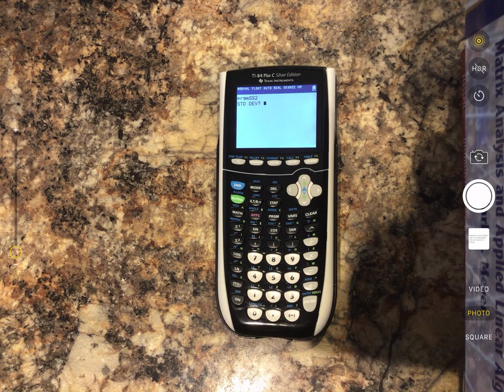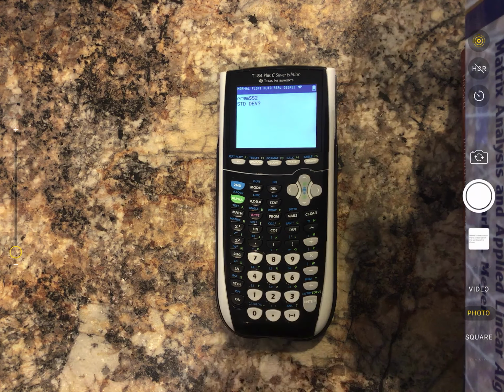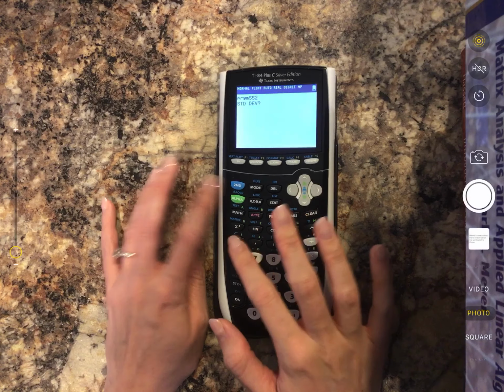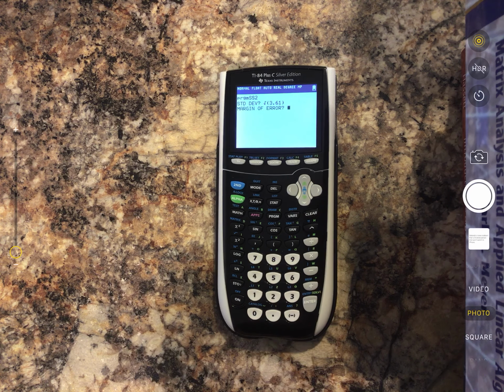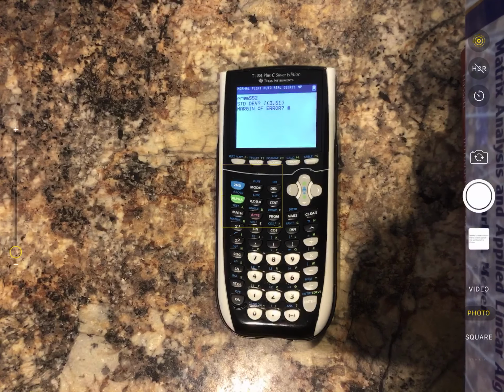Then you again are going to click this first option, MOE eval, that's the one that you want. Then it's going to ask you for three things. It's going to ask you for the standard deviation, the margin of error, and the confidence level. So for the problem that we had, we know that it had a variance of 3.61. So the standard deviation is going to be the square root of 3.61. Then you hit enter and then it will ask for the margin of error.